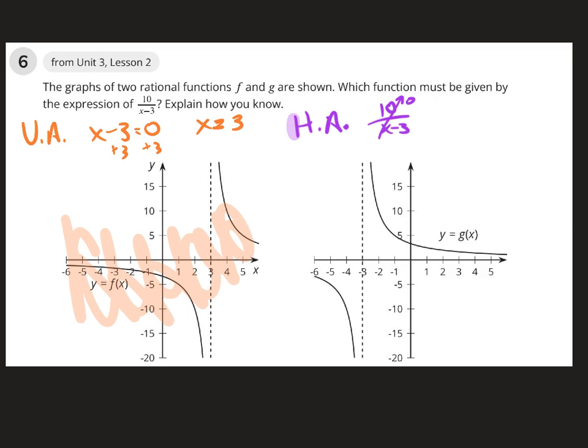Remember, an asymptote is a line a graph does not touch or cross. So our horizontal asymptote actually occurs when y equals 0. And when we're talking about x getting large, we're talking about like x at 1,000,000. So 1,000,000 minus 3 is like 999,997. So if you do 10 divided by that, you're going to get a really small number.